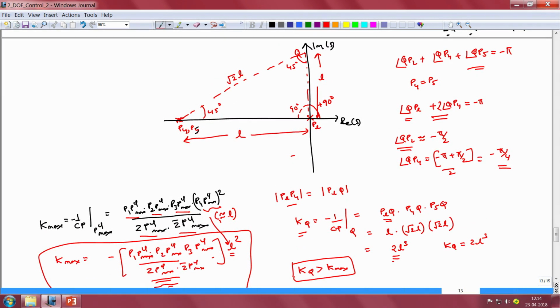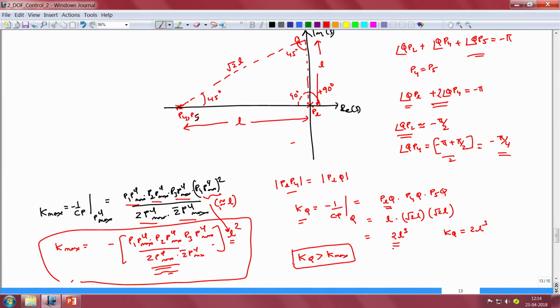And likewise in the expression for KQ, we had KQ equal to PLQ times P4Q times P5Q. P4 and P5 are coincident poles, so those distances are the same. From the fact that this is a right angled isosceles triangle, we noted that P4Q and P5Q are both equal to root 2 L, where L is the distance of P4 from the origin, and PLQ was equal to L, and hence KQ was equal to 2L cube.